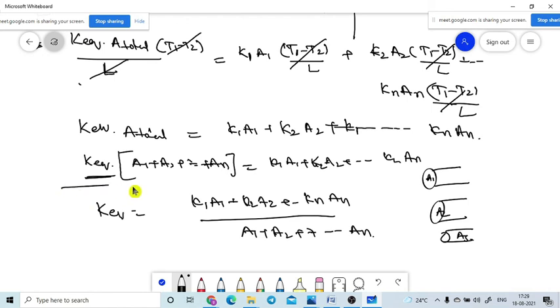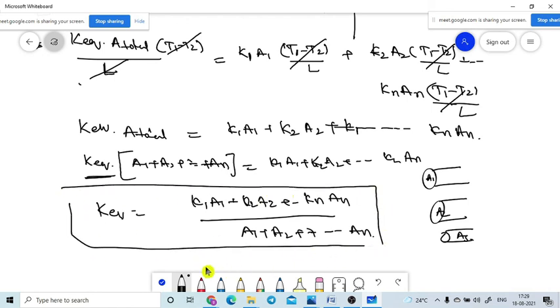This is the fundamental formula to find the equivalent thermal conductivity of the materials when they are connected in the parallel manner.